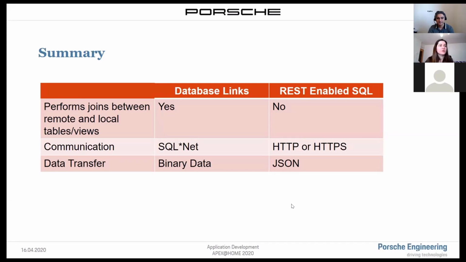Well, I'm aware that in REST-enabled SQL, as I said, you can use OAuth2 as the authentication method, so you get rid of the problem with passwords, and this is, I'd say, an extra layer of security. For DB-Links, this is pretty straightforward.